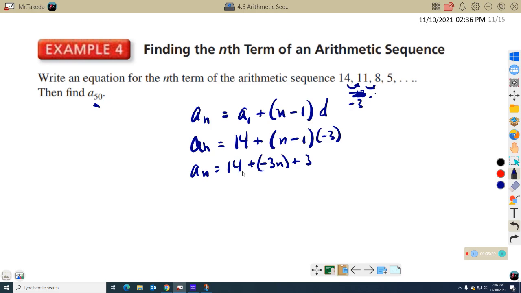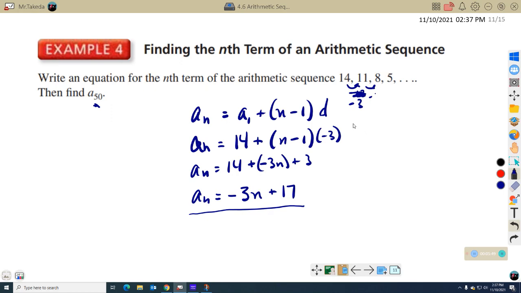Okay, so then 14 plus 3 would be 17. So a sub n equals, I'm going to put that in the order that we're comfortable with, negative 3 times n plus 17. And this is our equation for the nth term.